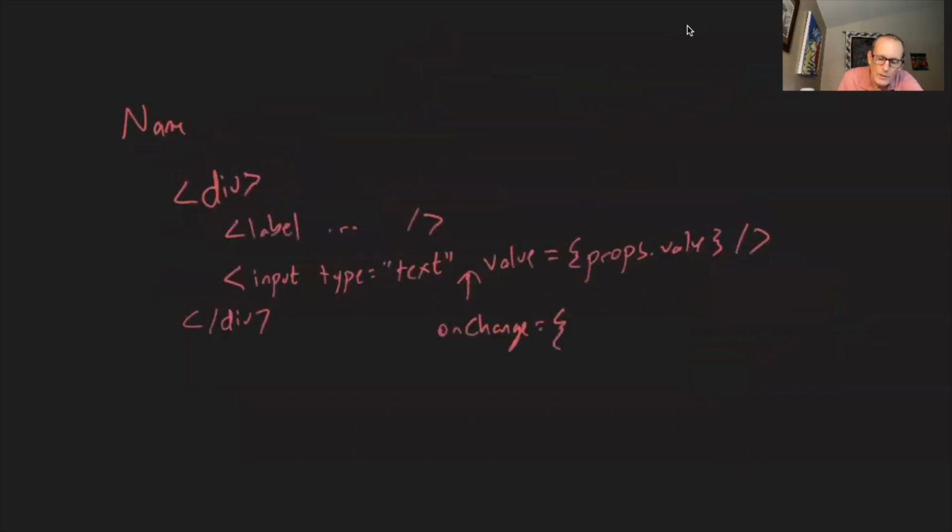And then what do we got to do over here? Well, over here, we've got an onChange. So we know incoming there exists props.onNameChanged. Okay. We know that's a change method, so we need to write a function here. And this is a function that takes an event.